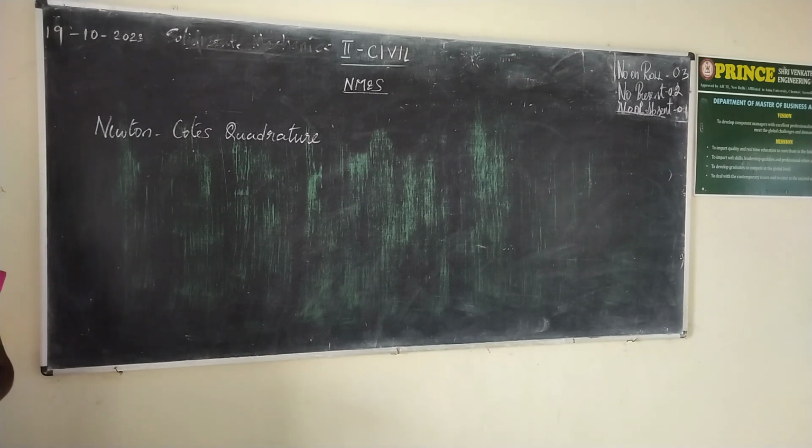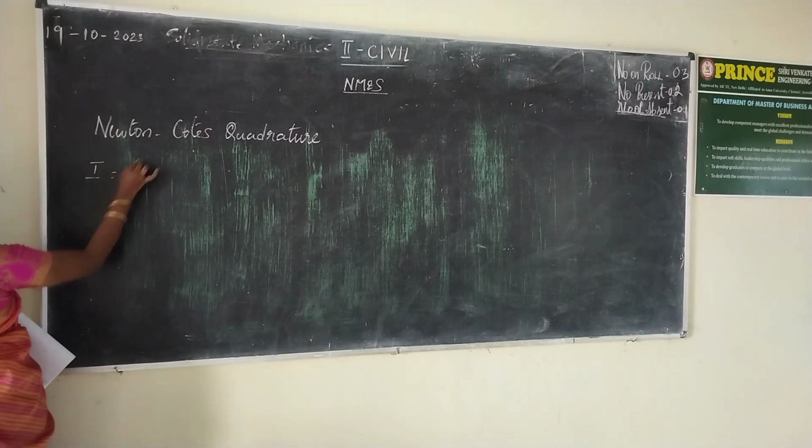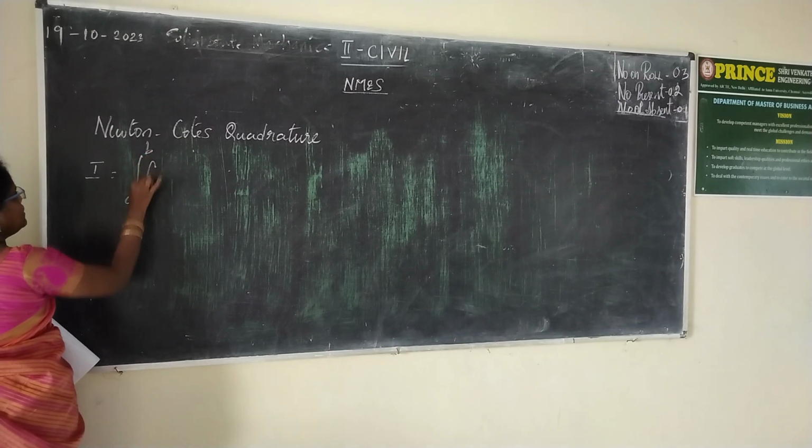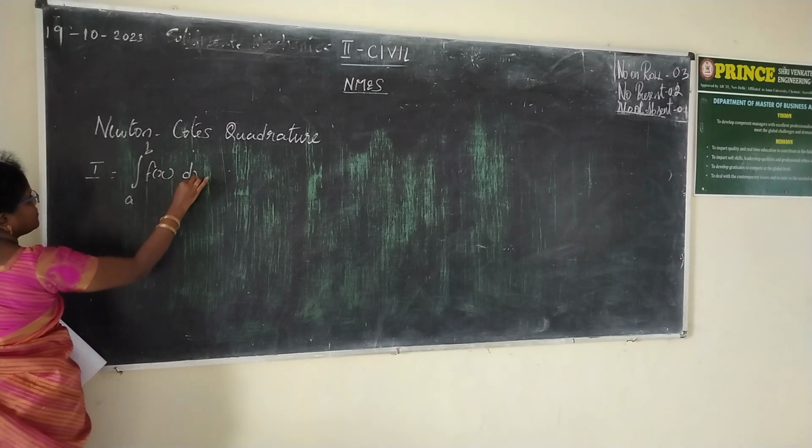Newton-Cotes quadrature formula. Now we know the integral to be capital I. It is nothing but integral a to b f of x dx.